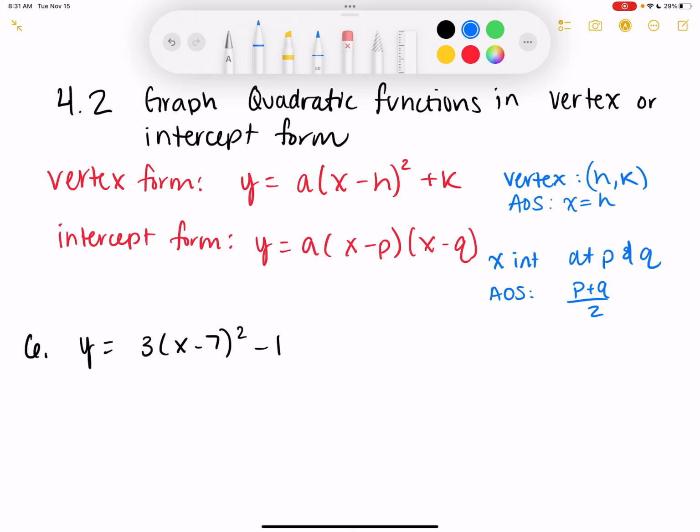So my vertex, this is just like my a times x minus h squared plus k. So these signs match up, so I copy down the 7 for my x value. These signs don't match up. It's supposed to be plus k, this is a minus, so that means that we have to change the sign of our k value, so it's going to be -1.